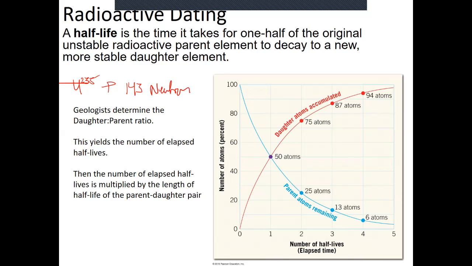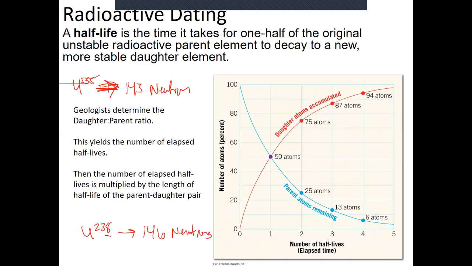Another common isotope of uranium is U-238. Because in order for it to be uranium, it has to have 92 protons. It can't have a different number of protons. So we know that this has 3 more neutrons than U-235, so it has 146 neutrons.